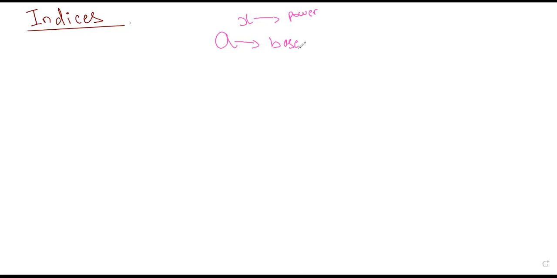Now we will be basically talking about different rules in this chapter, and you will see how to play with such numbers. So this basically is power, or you can call it index, or you can call it the exponent. Since the chapter is of indices, we can think about it as the index.